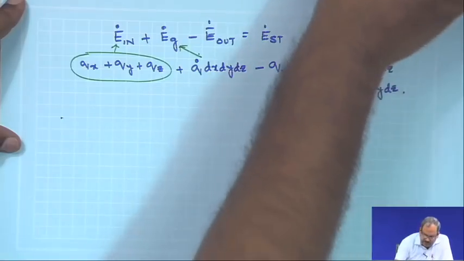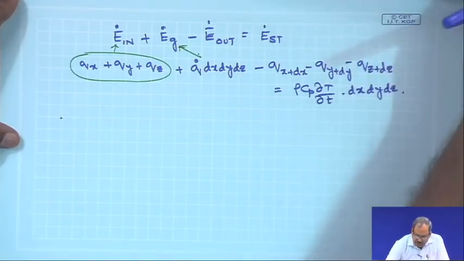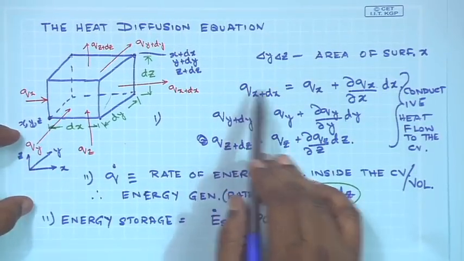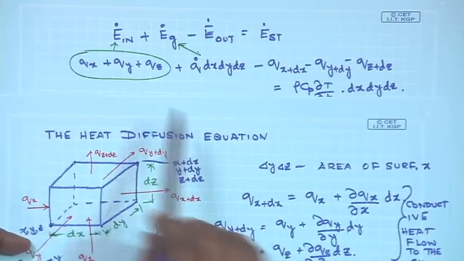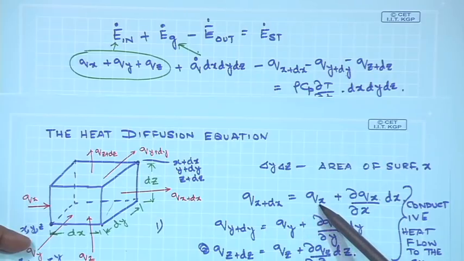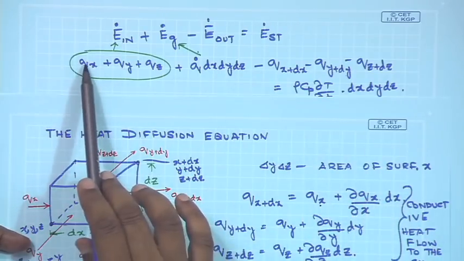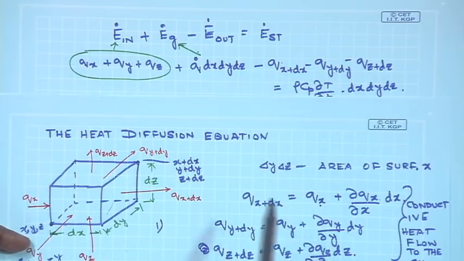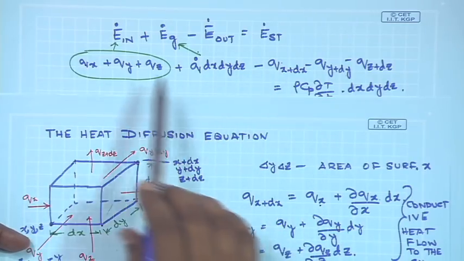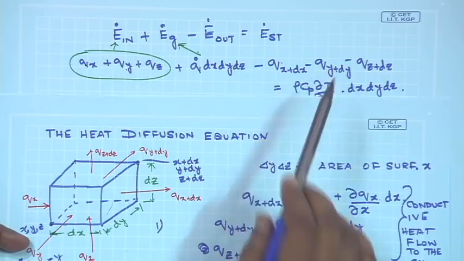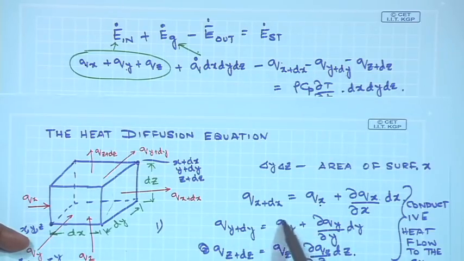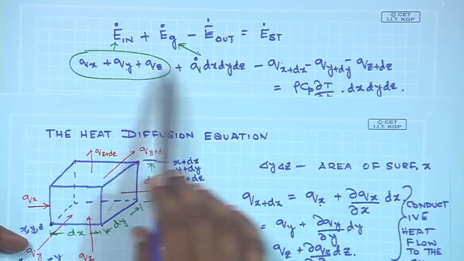So, this is the equation, and when I put in for q x plus dx, q y plus dy or q z plus dz, then the q x over here and the q x over here would cancel out, and only this term will remain between this and q x plus dx. Similarly, between q y and q y plus dy, this would be cancelled and only this term will remain, and same for q z.